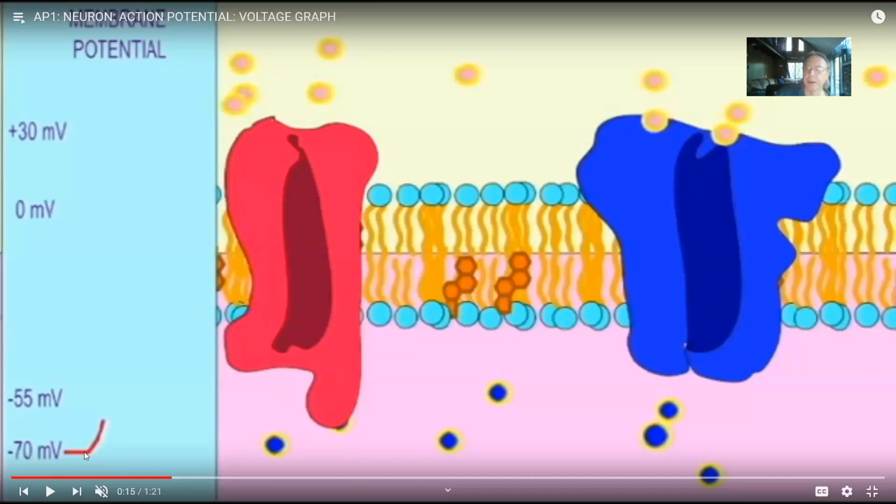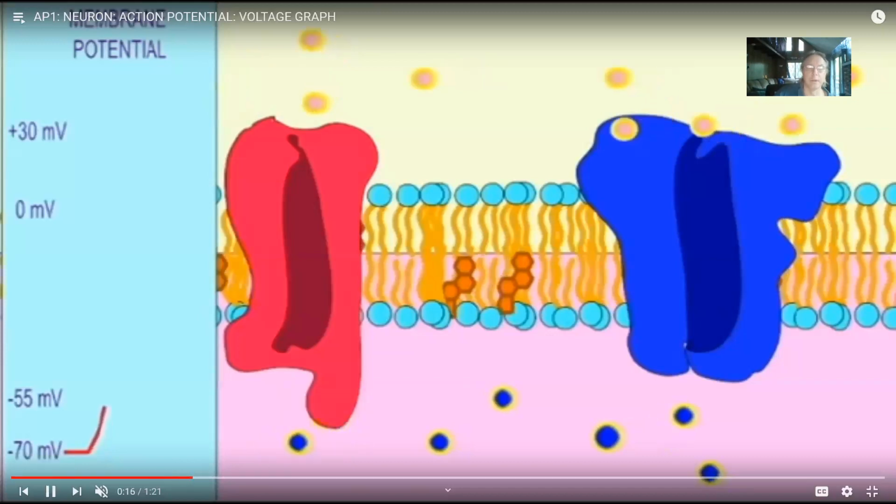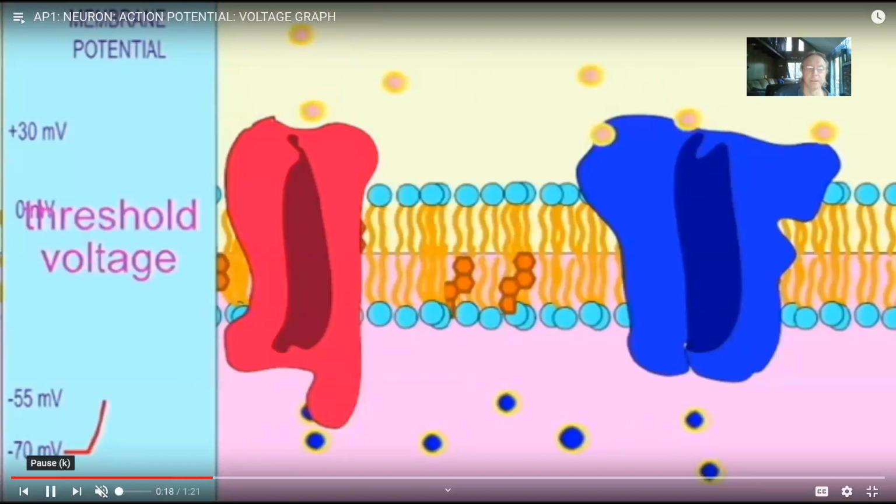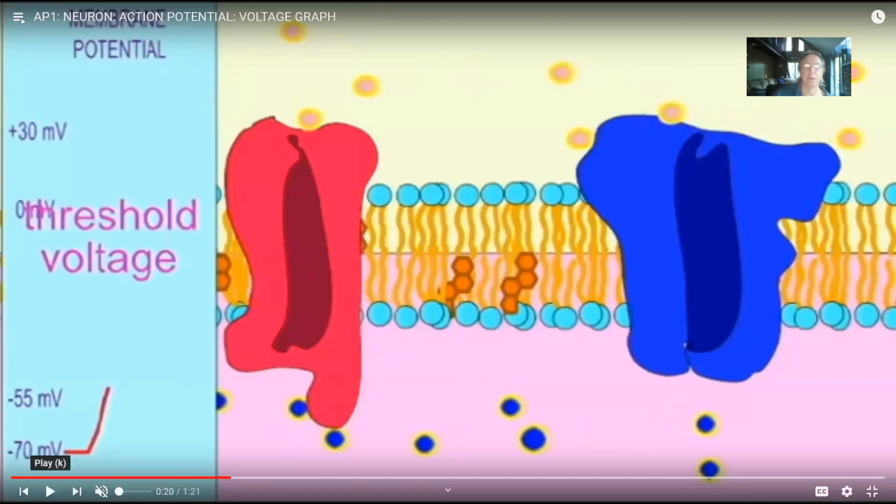If more sodium ions come in, going from minus 70 to minus 60, what happens? Nothing. The sodium ions will be pumped out. What happens if enough sodium ions come into the cell to get to minus 55 millivolts? Everything. So this threshold voltage of minus 55 millivolts is sometimes described in what is known as the all or none phenomenon.